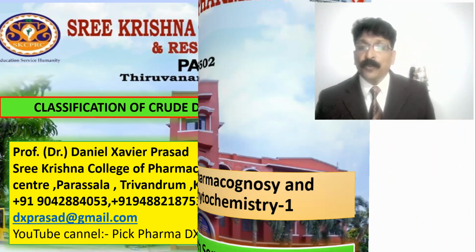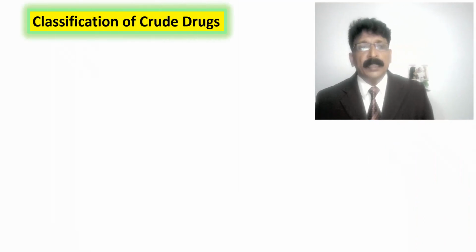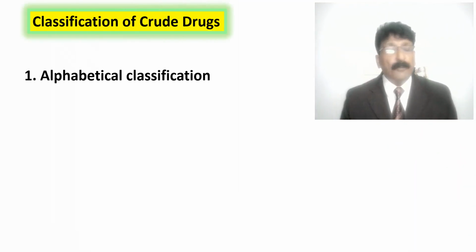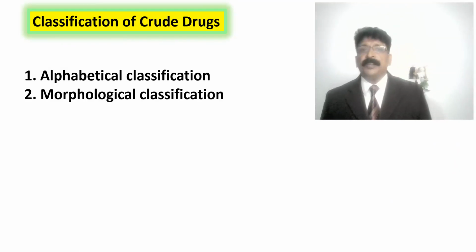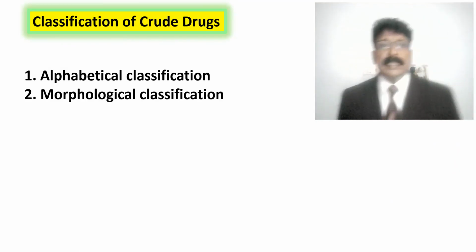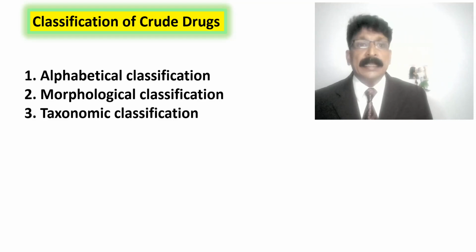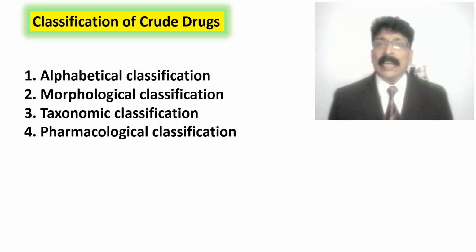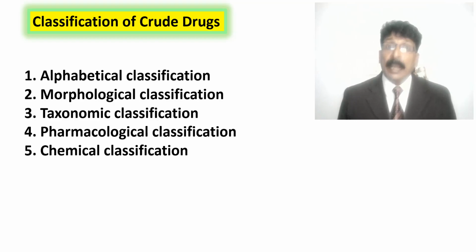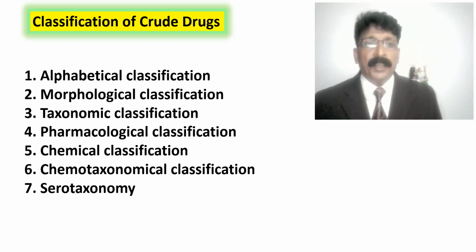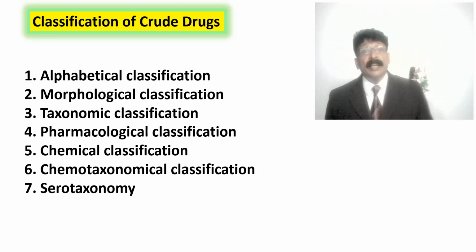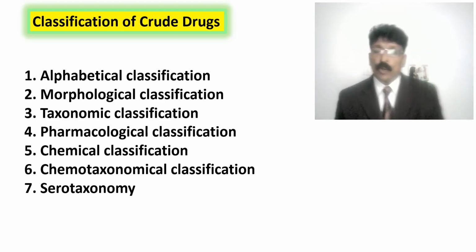Classification of crude drugs, in which we can say there are, first, alphabetic classification, morphological classification, taxonomic classification, pharmacological classification, chemical classification, chemotaxonomical classification, and we should know about serotaxonomy.